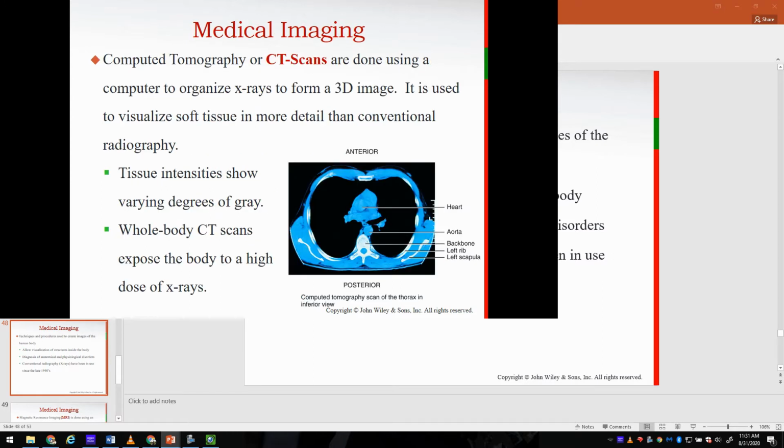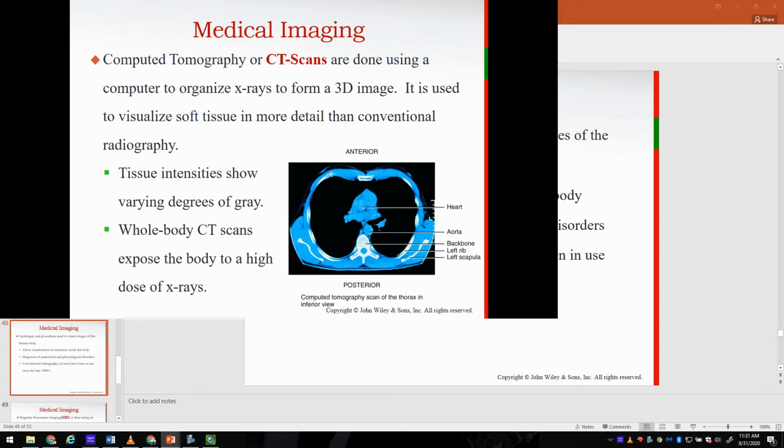A CT scan, computer tomography, is done using a computer to organize x-rays to form a 3D image. So they take a series of x-rays and then put them all together to form the image. It is used to visualize soft tissue in more detail than conventional radiography.